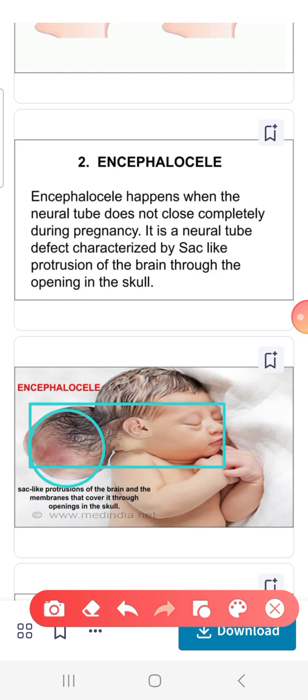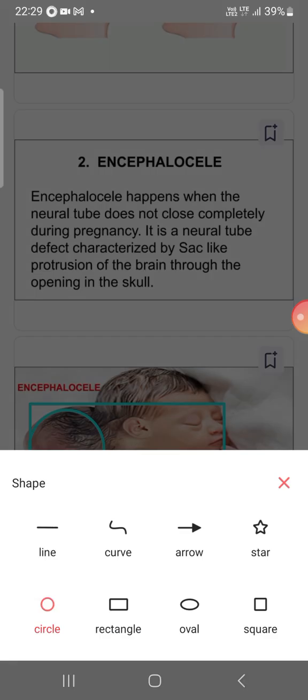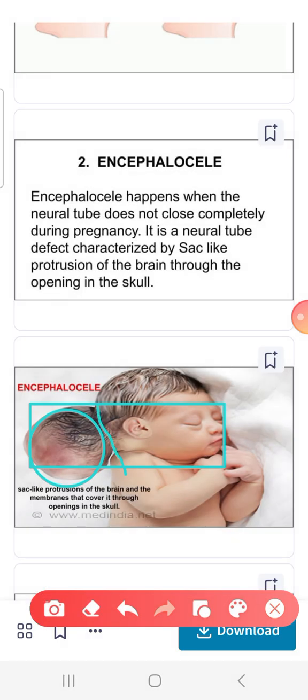Why? Because in the development of the brain, the neural tube closes in a particular area, only this area closes. But due to some reasons, whatever it may be, environmental factors, microorganisms, this area is also extended.